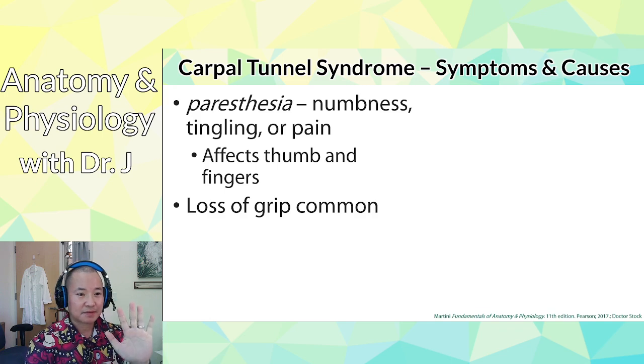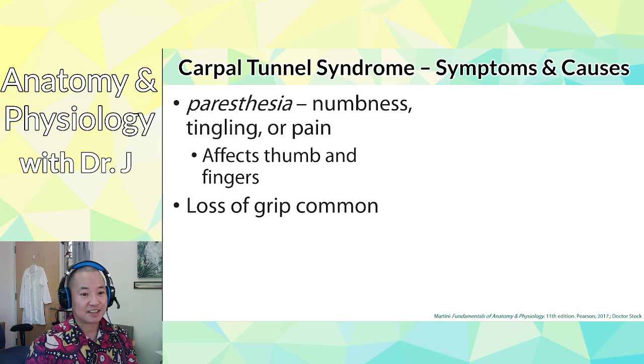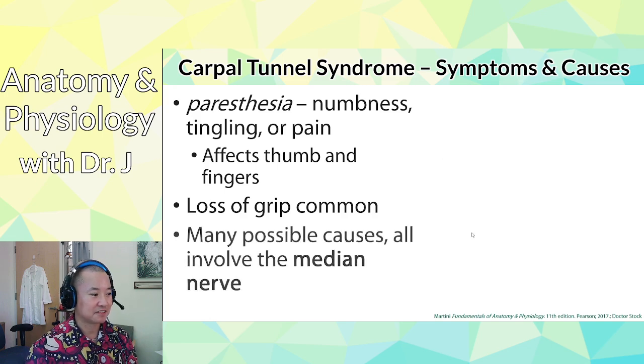Try to grip something with your full hand versus trying to grip with only these two over here, and you're only going to have half strength. It's going to be a lot harder to grip something with just your little finger, digit 5, and half of your digit 4. So that's why loss of grip is a common symptom of carpal tunnel syndrome.